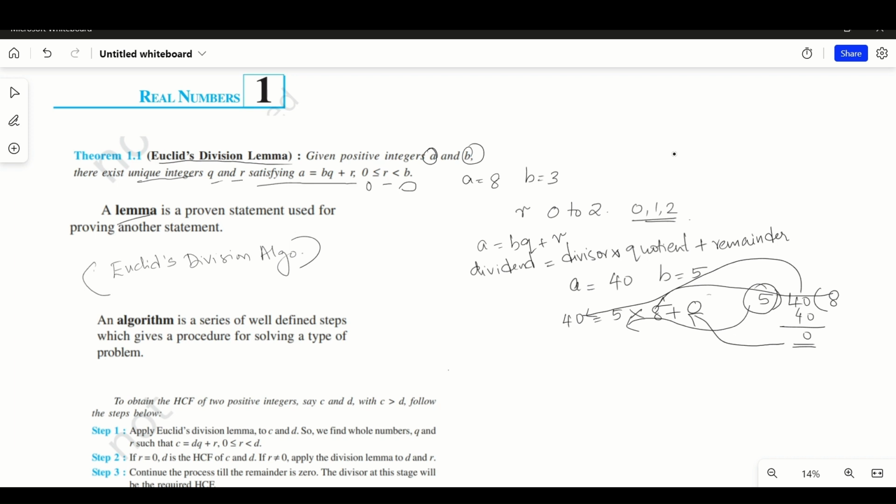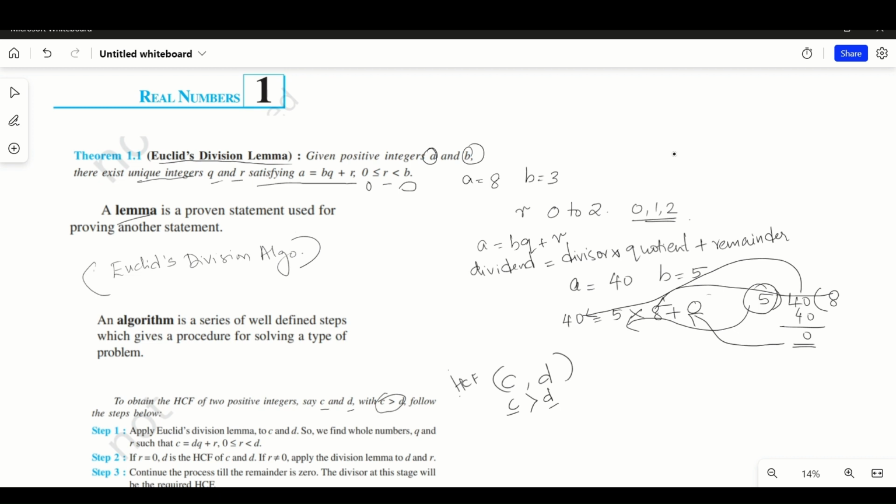To obtain the HCF of two positive integers, say C and D, where C should be greater than D, we should follow the steps below. We are given two positive integers C and D, with C greater than D, and we have to find their HCF.